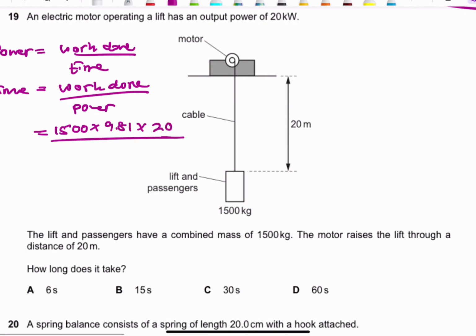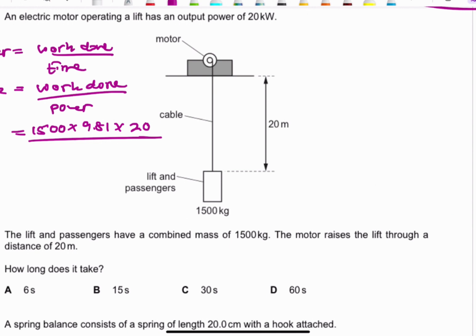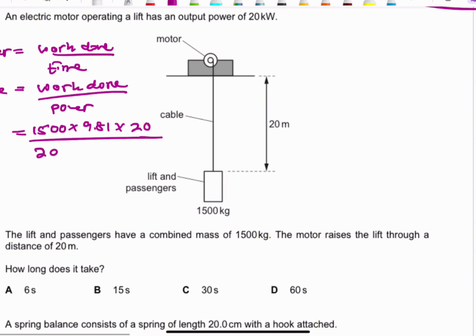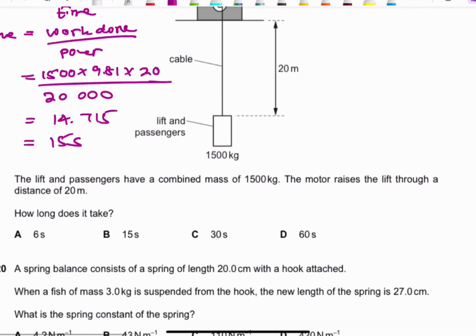We're doing work in overcoming the gravitational force caused by the weight of these people, and we divide by the power, which is 20,000. We should get an answer of approximately 14.715, which is about 15 seconds. So the answer is going to be B.